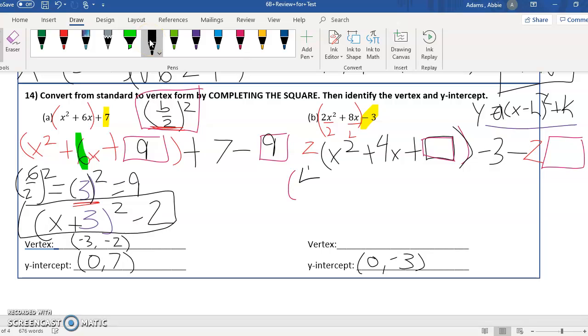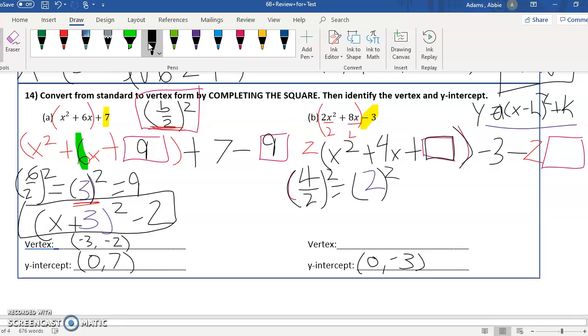So I'm going to have (4 divided by 2) squared. 4 divided by 2 is just 2. And 2 squared is 4. So 4 is going to be our unknown term that goes back into the equation.